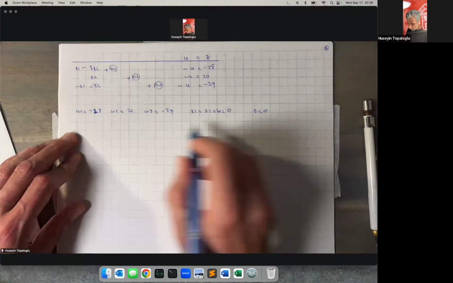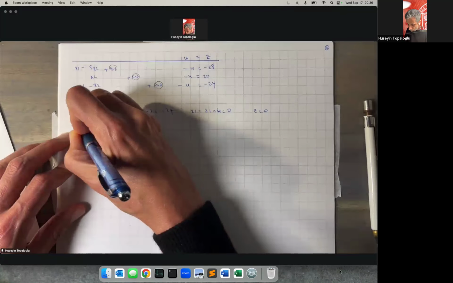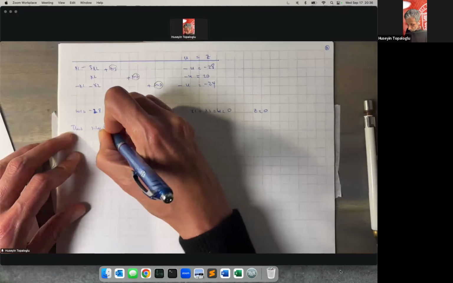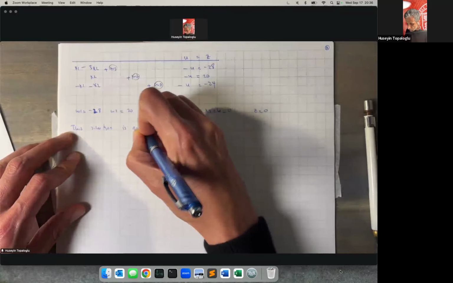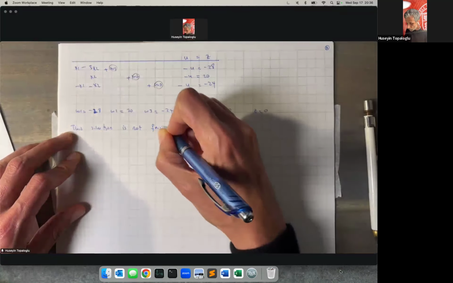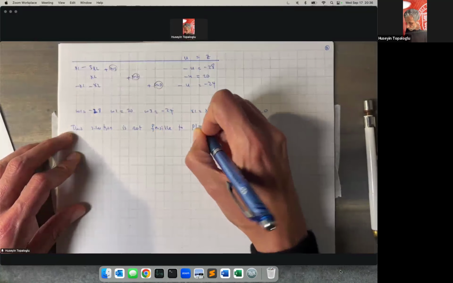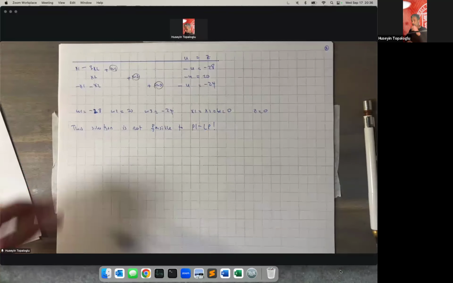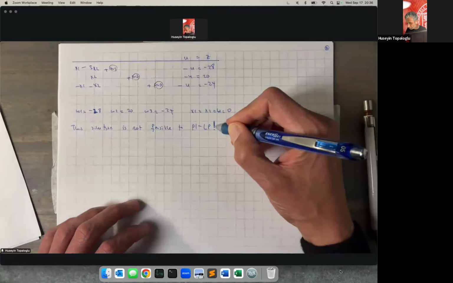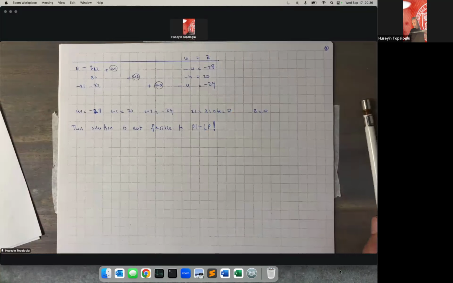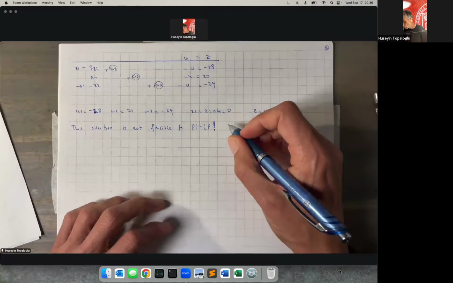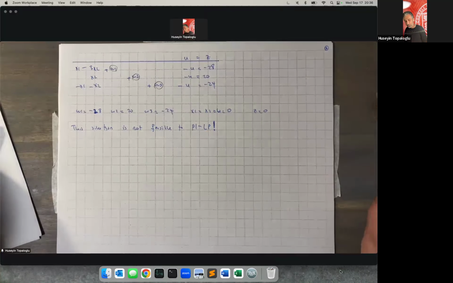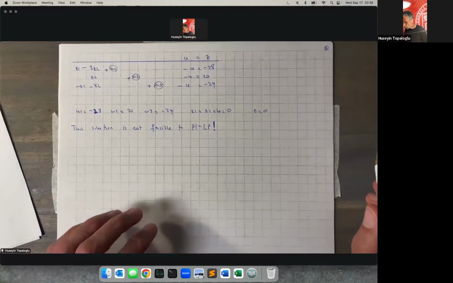All right, so let's write this. This solution is not feasible to phase 1 linear program. To get a feasible solution to the phase 1 linear program, we said there's a trick row operation that we need to do.